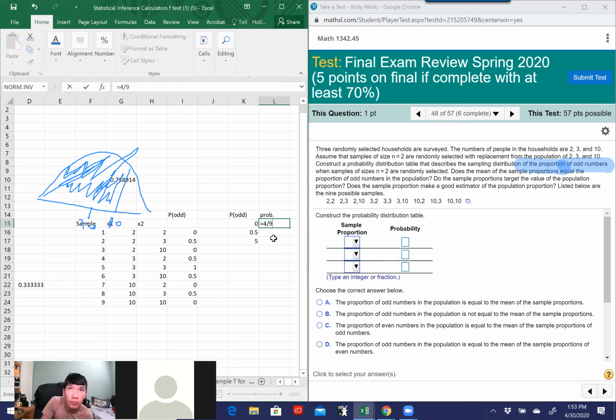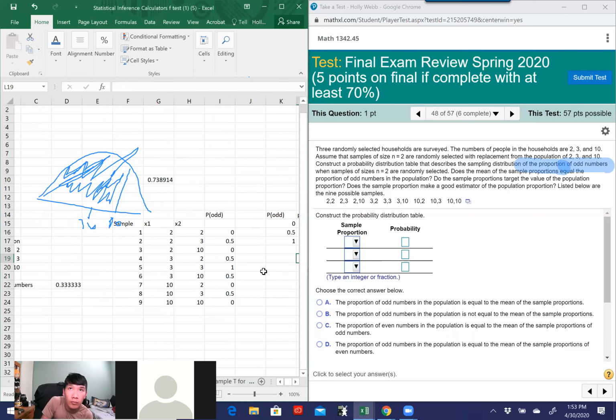And then we also have 4 that are 0.5. And we only have 1 that is, oh, this should not be a 5, that should be a 1. Sorry about that. But we only have 1 one in there, right? That sample of 3, 3. So that's going to be 1/9. And remember, this should add up to 1, and it will. It'll add up to 9 over 9.